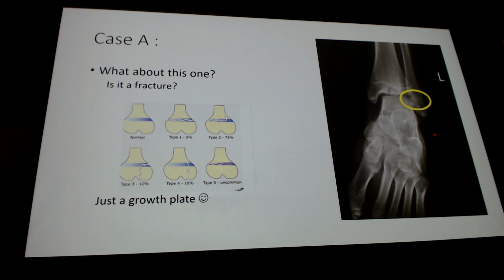I don't see the down. So, yeah, no, it's just a growth plate, right? I kind of see what you're saying a little bit, but I don't necessarily have a crack in the cortex. Some people are saying they see a radiolucent line here.